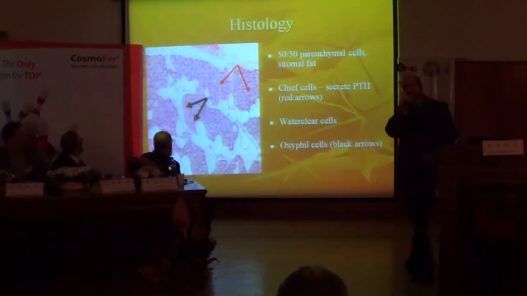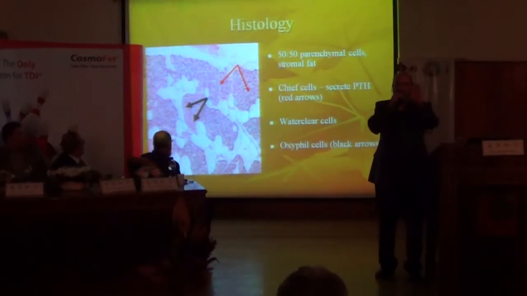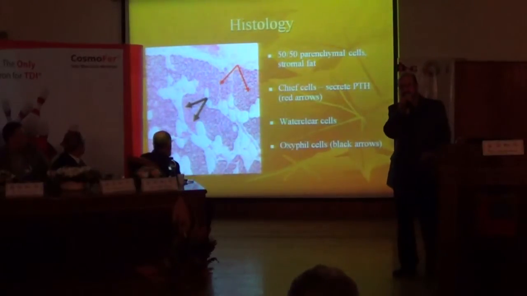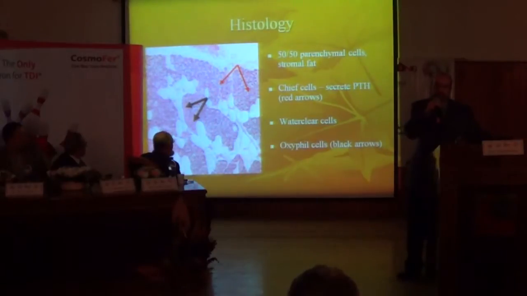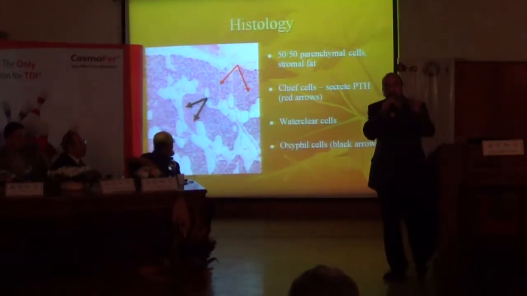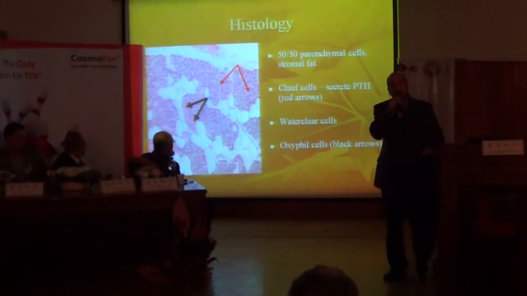Again, basic histology. What's important here is 50% parenchymal cells, 50% fat. What does it mean? Is it one of the scientific rubbish? Because sometimes you mistake a gland for a fat globule.